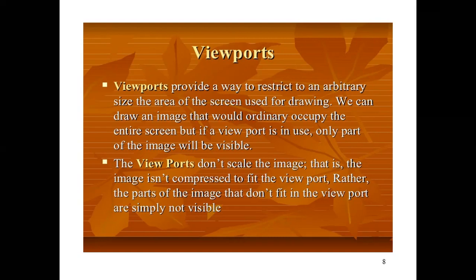So you can understand the difference between the window and viewport easily. You can consider the whole screen as a window, then draw an image on the screen, and after that choose a particular part or portion of the object or image.